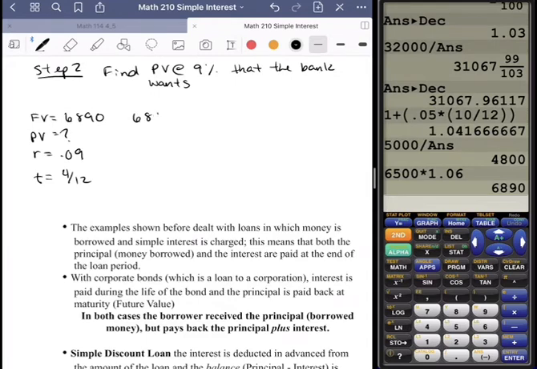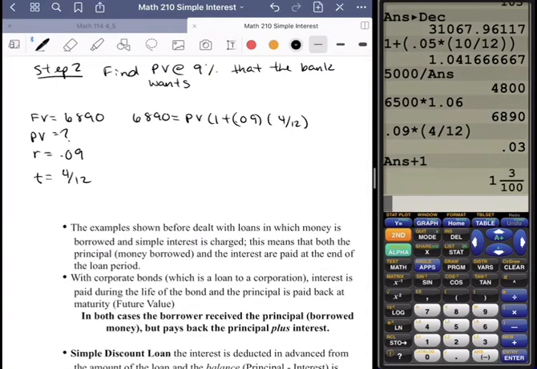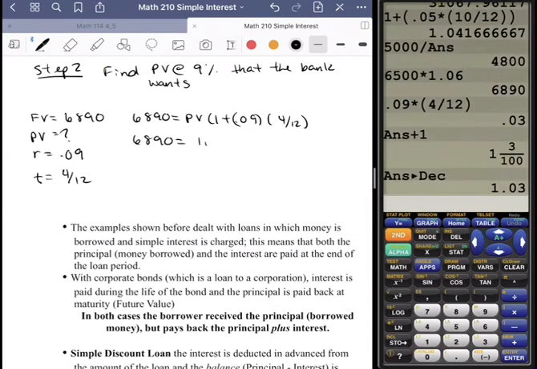So I have 6,890 equals present value times (1 plus 0.09 times 4 out of 12). So 0.09 times 4 out of 12, plus 1. So I have 6,890 equals 1.03 times present value.